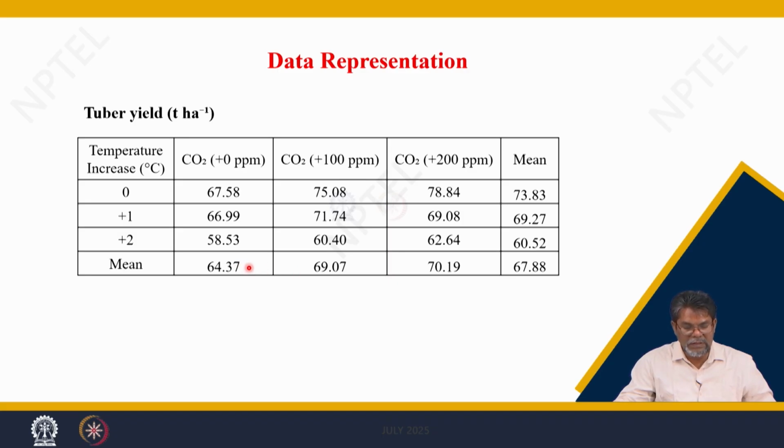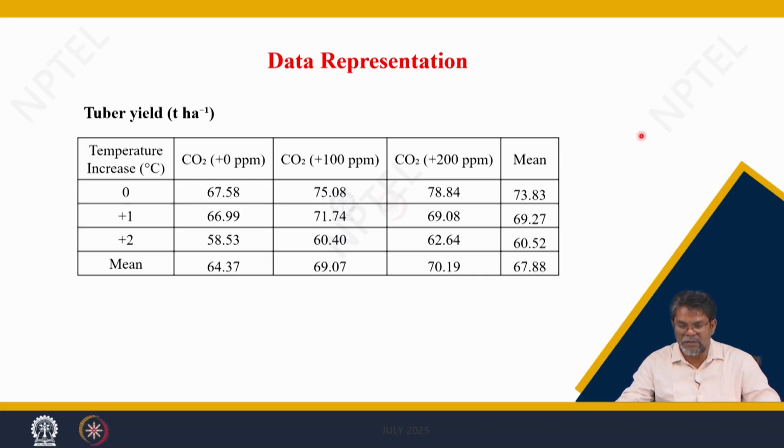Yield increases from 69.07 minus 64.37 divided by 64.37, the percentage yield change with the increasing 100 ppm CO2, that you can calculate here. Similarly, for increasing 200 ppm, what is the percentage yield change from 64.37 to 70.19, that you can also calculate.